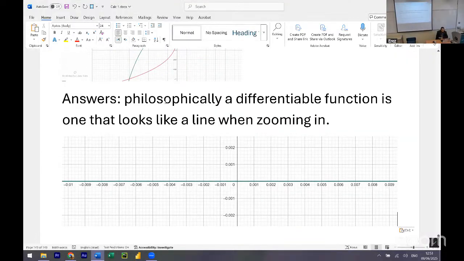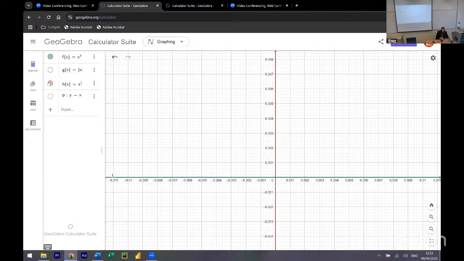What about the red function here? Y equals x, then, oh, I see, a line of zero, okay. What about the cubed root? It's the red line here. Does that look like a line as well? So it ought to be differentiable, but it's not because the slope is infinity, that's a problem.